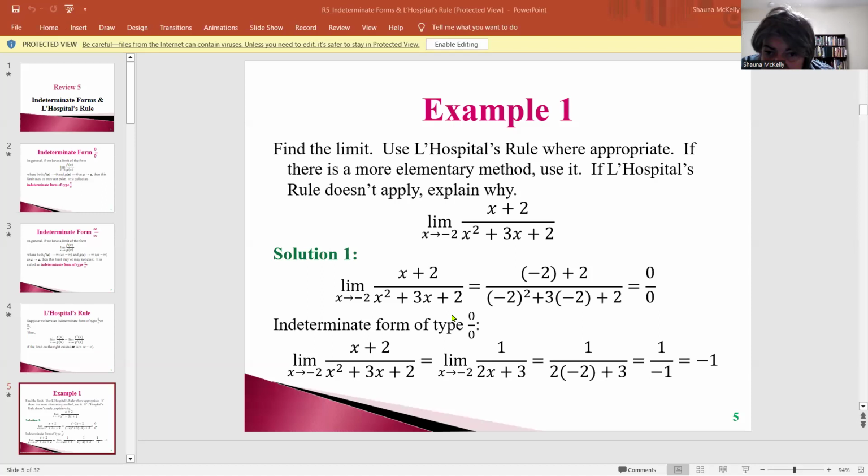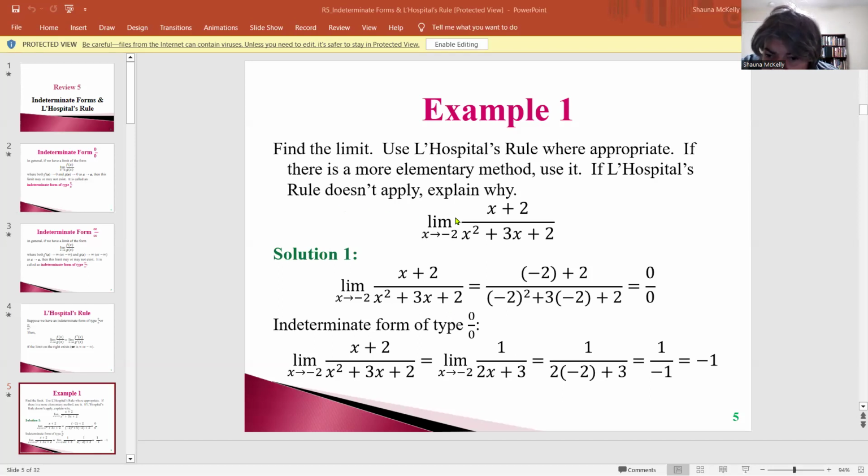So let me remind you of something that we saw here in the slides for the lecture. This is example 1, and it says find the limit, use L'Hopital's rule where appropriate. If there is a more elementary method, use it. If L'Hopital's rule doesn't apply, explain why.